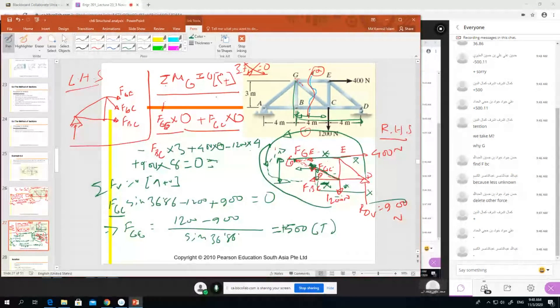Now from here you find the FBC. Tell me what the FBC is. Calculate and tell me what the FBC value is. Please tell me the FBC value.